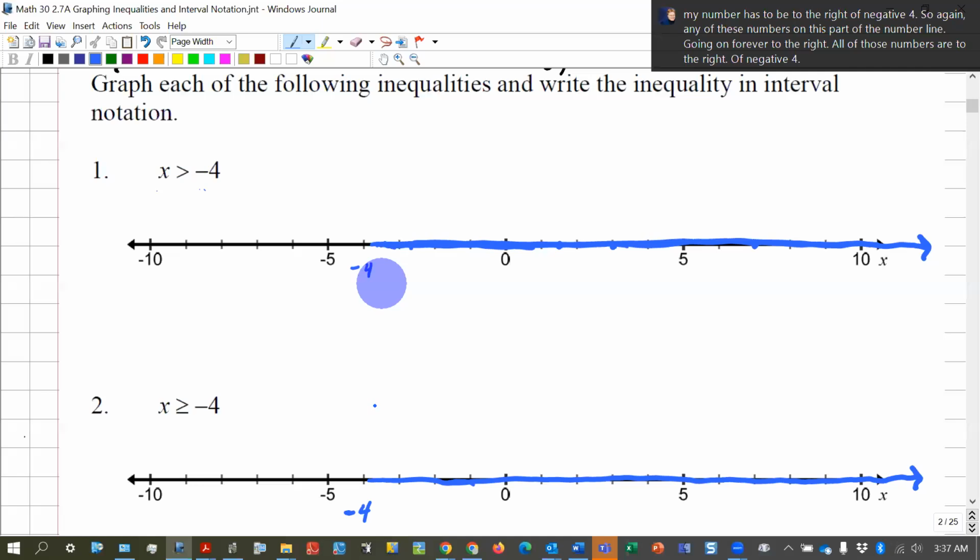So we need to do something in our two different pictures to show that in problem 2, x can be negative 4 because negative 4 is equal to negative 4. But in problem 1, x can't be negative 4, but it could be something like negative 3.99996.